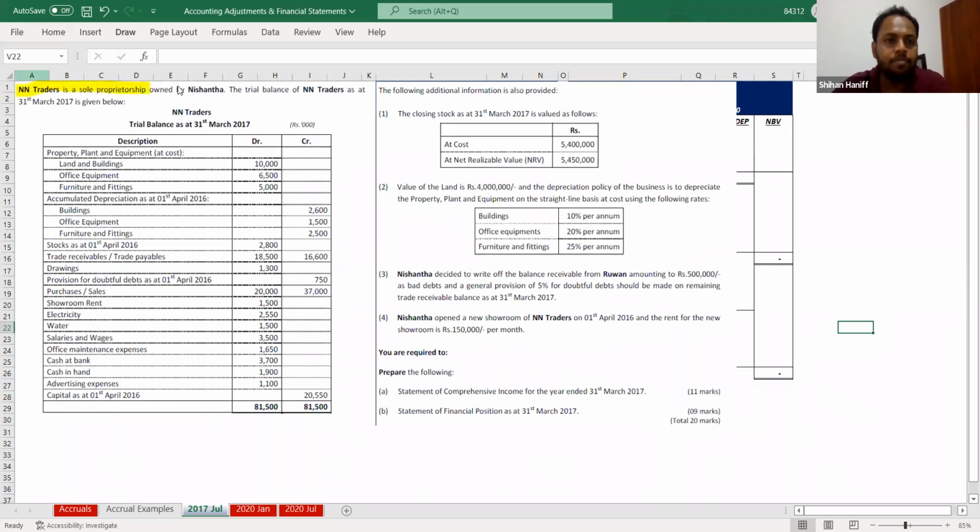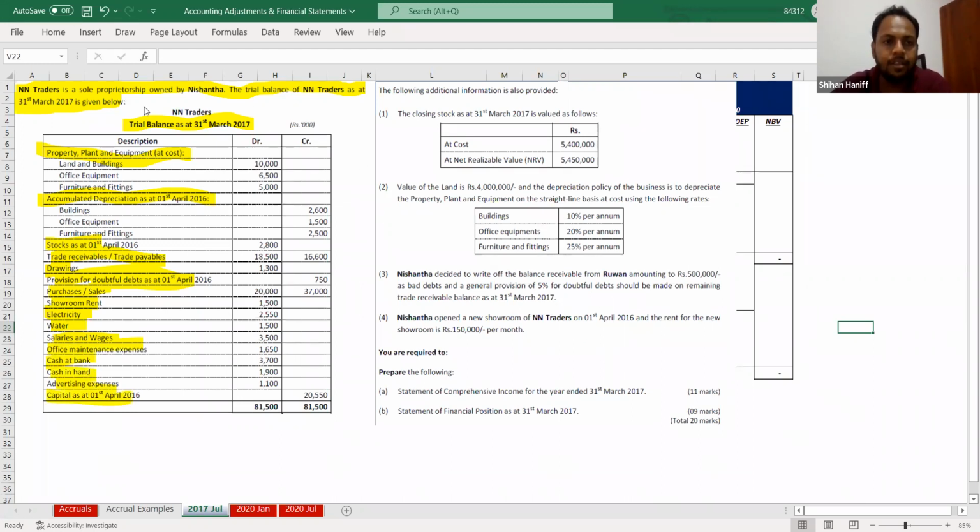NN Traders is a sole proprietorship owned by Nishanthan. The trial balance of NN Traders as at 31st March 2017 is given below. So we have a trial balance, 31st March 2017. The property, plant and equipment, accumulated depreciation, stock, receivables, payables, drawings, provision for doubtful debts, purchases, sales, showroom rent, electricity, water, salaries and wages, office maintenance, cash at bank, cash in hand, advertising, and opening capital.